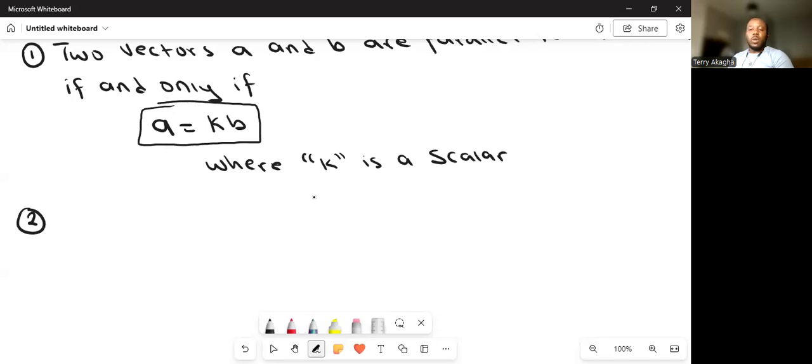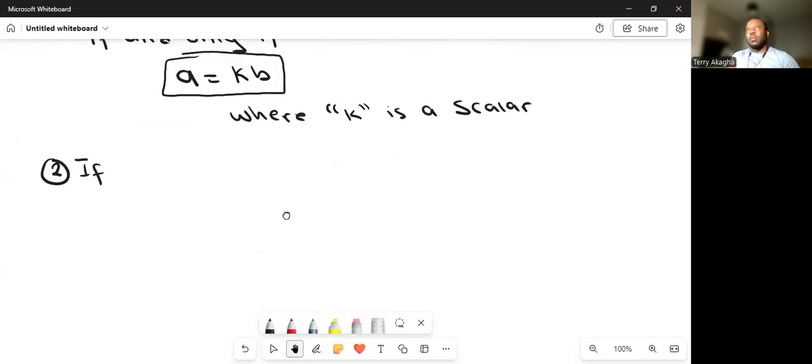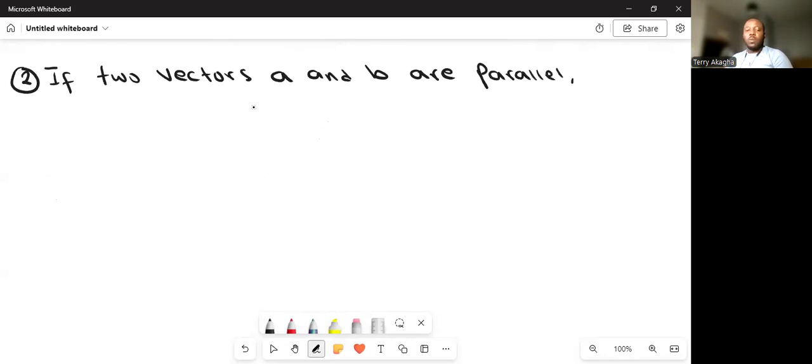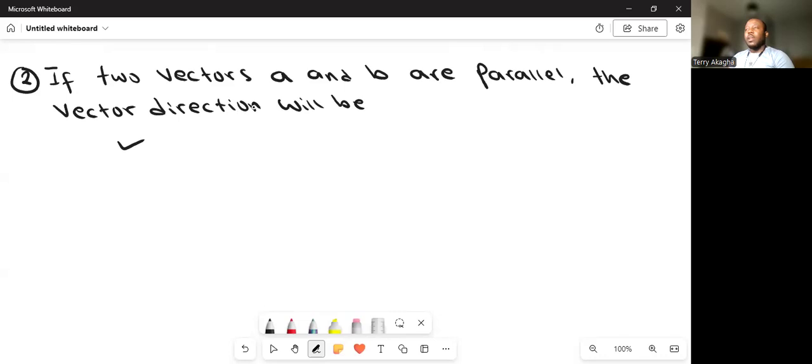So if two vectors A and B are parallel, the vector direction will be the same if k is greater than 0.